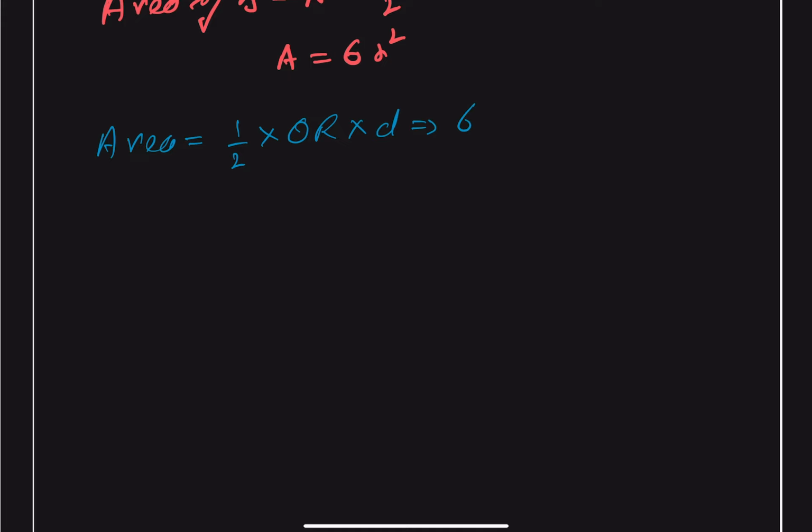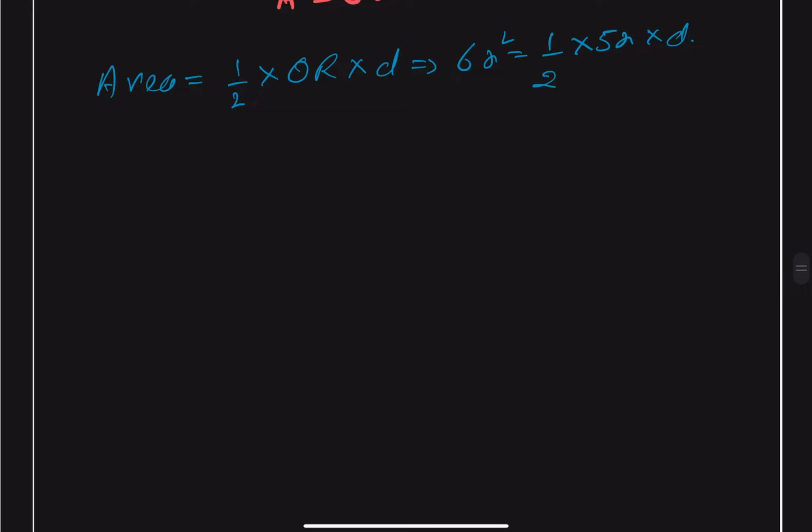This gives us 6x square is equal to 1 by 2 into 5x multiplied by d. So the perpendicular distance d will be equal to 12x divided by 5.